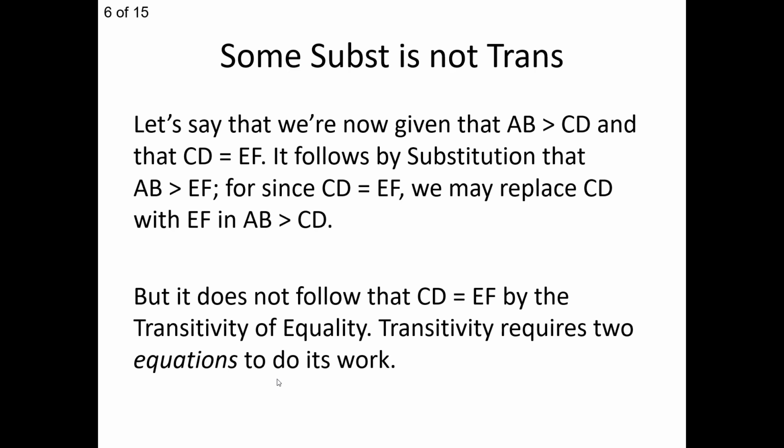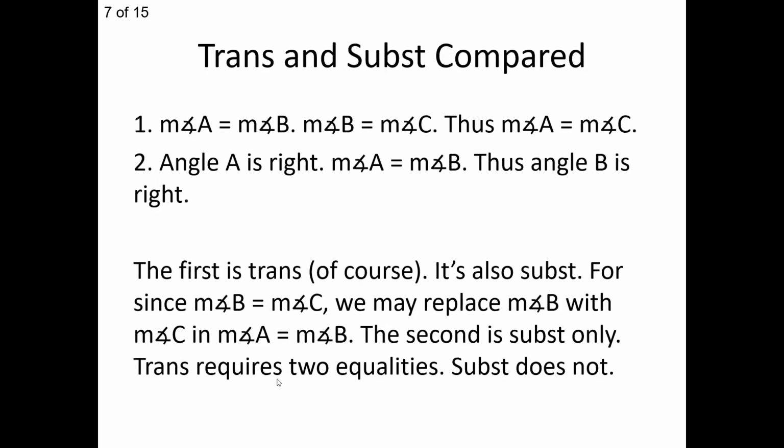Transitivity of equality requires two equations, two relationships of equal signs. Up above, AB greater than CD is actually not an equation. We call that an inequality, because it's not an equal sign between, it's a greater than or less than sign between. So because we say AB is greater than CD, that's not an equation. Transitivity requires two equal signs to be worked with. So we cannot use transitivity in that first one.